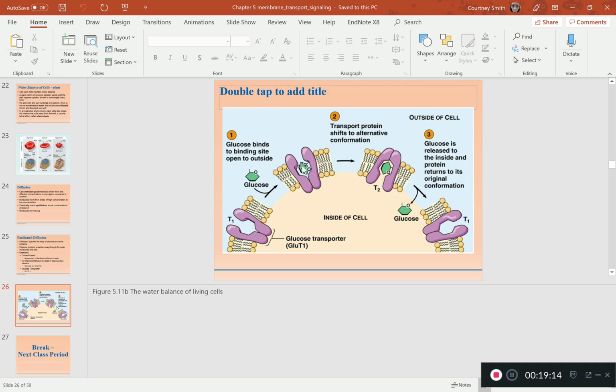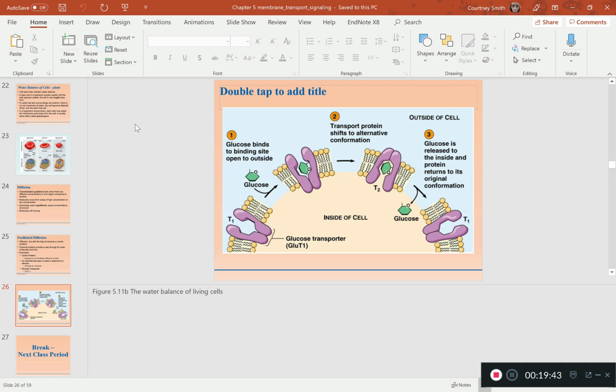Glucose binds to the transporter, and the transporter changes its shape, closing its outside port and opening into the cell. That releases the glucose into the cell, and then the protein becomes available for binding again. Definitely know those 3 steps for GLUT1 at least.